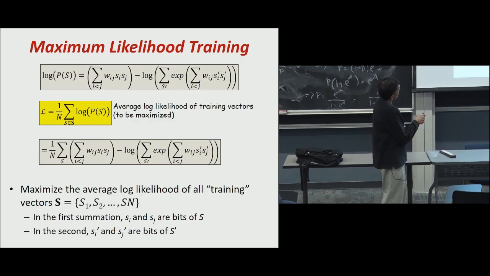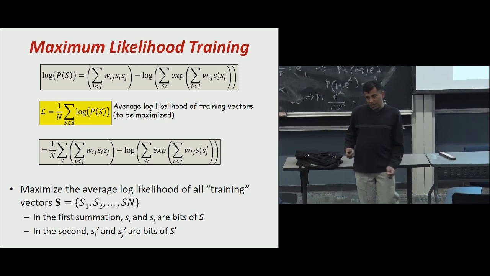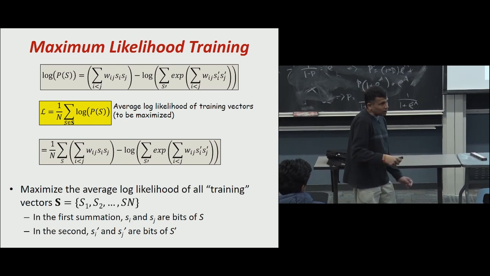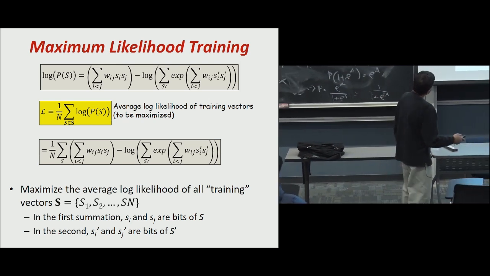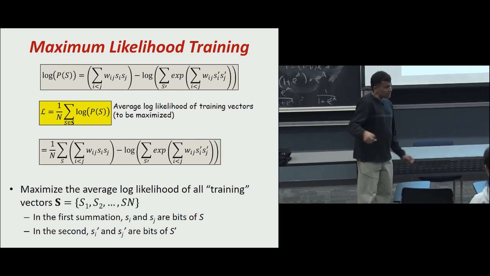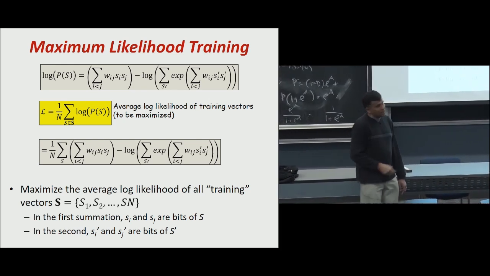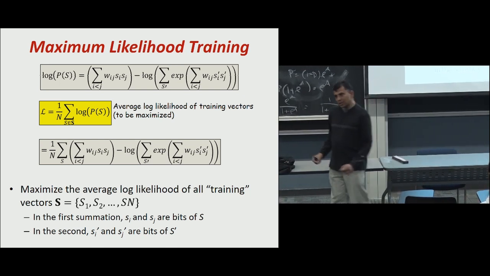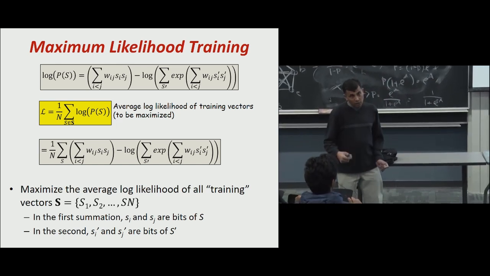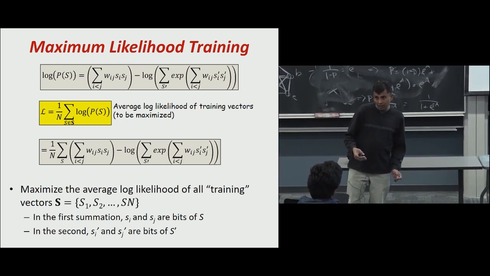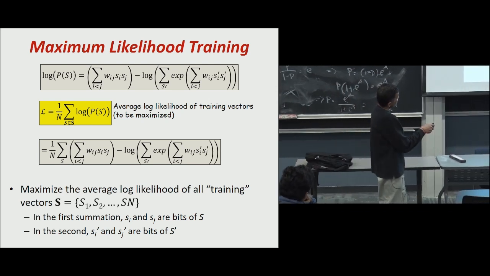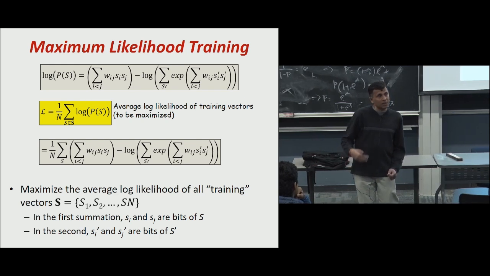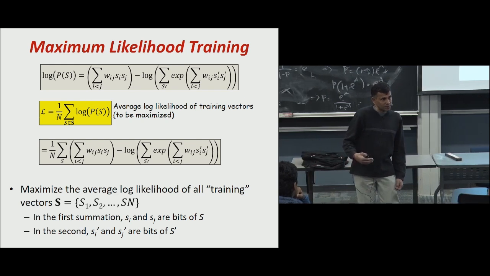So the log of the probability assigned to any given state is simply going to be the negative energy for that state, the weighted sum of all of the products of the states, minus the log of this second term, which is the normalizing term that makes this a probability distribution, but it's actually summing over all possible state sequences, the exponentially large set of state sequences, right?